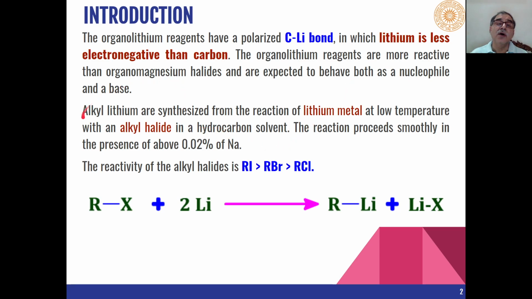These organolithium compounds can be synthesized from the reaction of lithium metal with alkyl halides to give us alkyl lithiums, and lithium halide is formed as the byproduct. The reactivity of various types of alkyl halides in the formation of alkyl lithiums is that alkyl iodides are more reactive than alkyl bromides, which are more reactive than alkyl chlorides, depending upon the polarity of the bond.